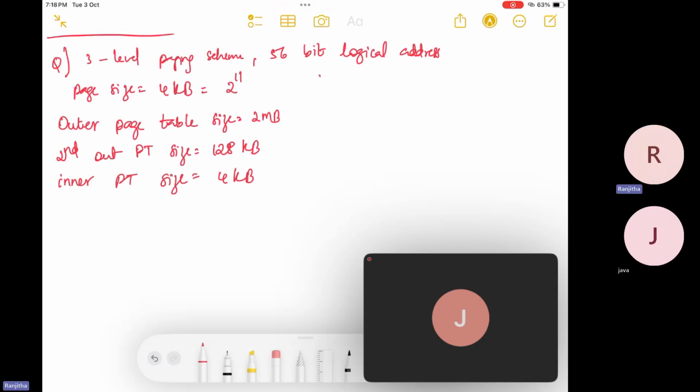Each entry in the page table is 4 bytes.